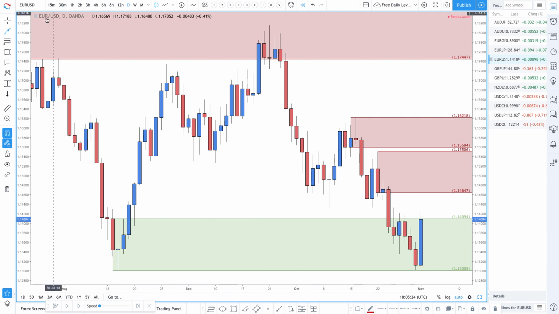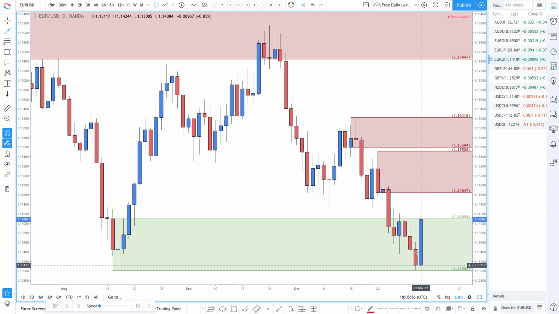The euro going through the Italy budget, Brexit, etc. Just because you see an engulfing candle at a level of demand, is that really the smartest trade to take? Now, some people who trade on lower time frames will take advantage of this. It's not like I'm saying everyone's going to lose, but if you're looking to trade for the longer term, is it really the smartest thing to do?